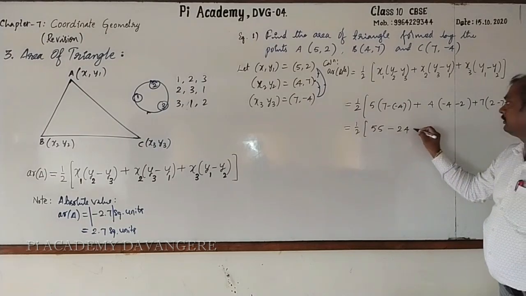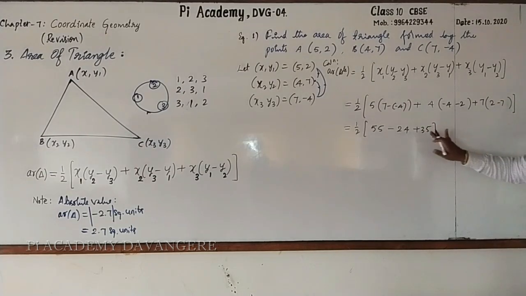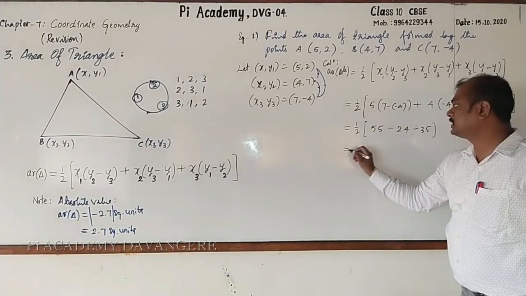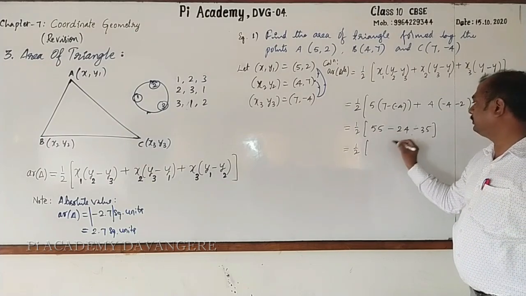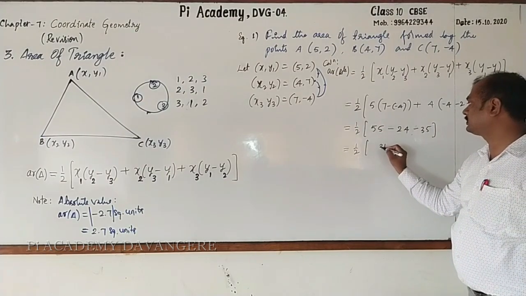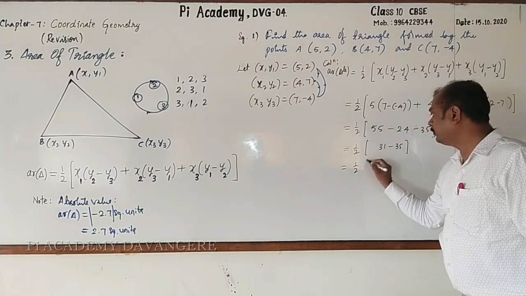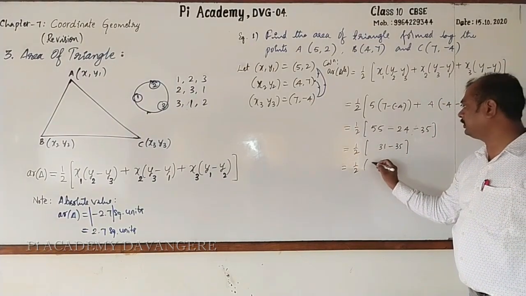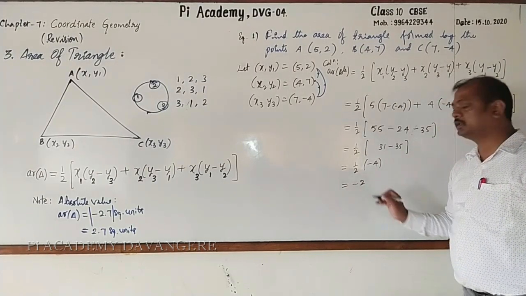Minus 5 into 7, minus 35. 7 5s are 35, minus is there, minus 35. It is equal to half into 55 minus 24 minus 35, which is 1 by 2 into 31 minus 35. So 31 minus 35 is minus 4, which gives minus 2.